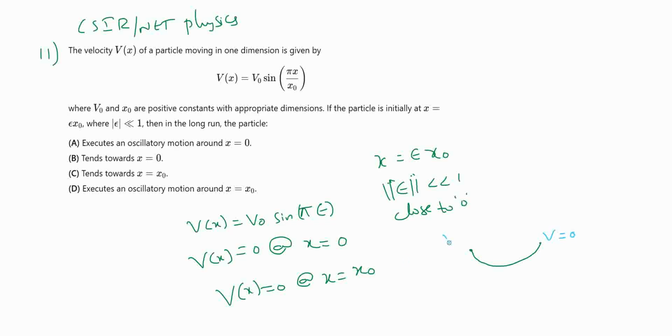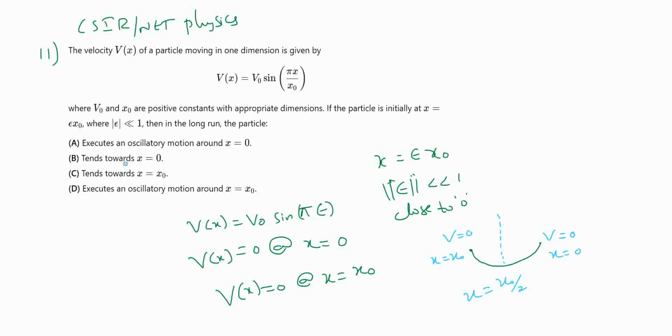Here velocity is 0, here velocity is 0, and this is position x equal to 0, and this is x equal to x naught. So the oscillatory motion is not happening around x equal to 0. In fact, the oscillation is happening around x naught by 2.